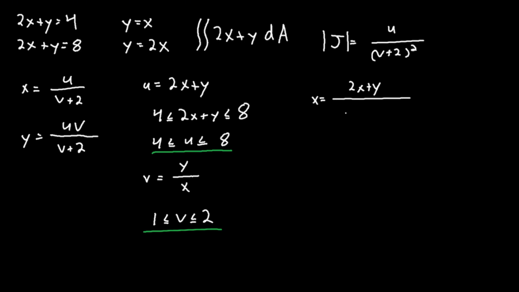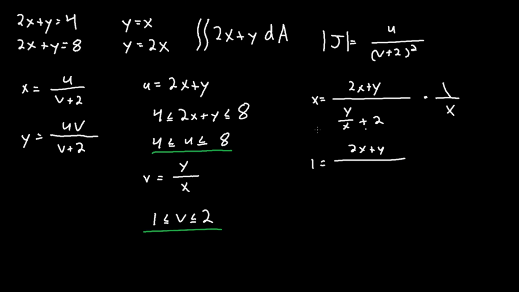So if we do v is equal to y over x plus 2, what do we get? Well, what we can do here is actually divide by x on both sides of this problem. And when we divide by x, you just multiply by the reciprocal of whatever you're dividing by. And this is the reciprocal. If you multiply by x down here, you get x divided by x, which is equal to 1 on the left side of the equal sign. And you also get multiplied by 1 over x, correct?